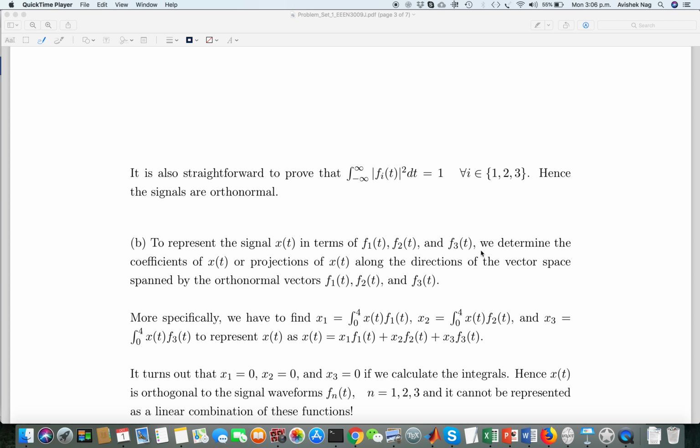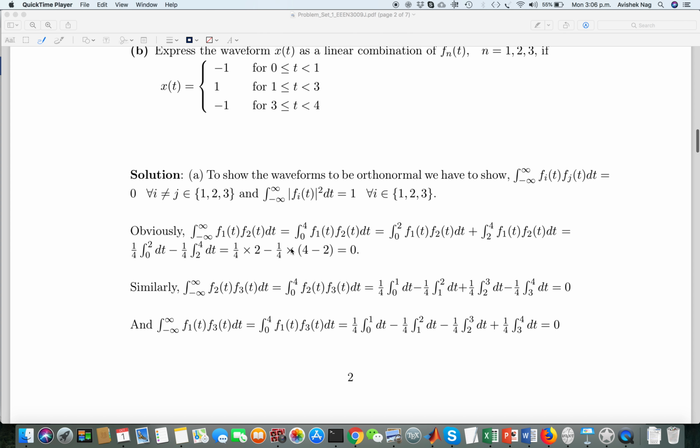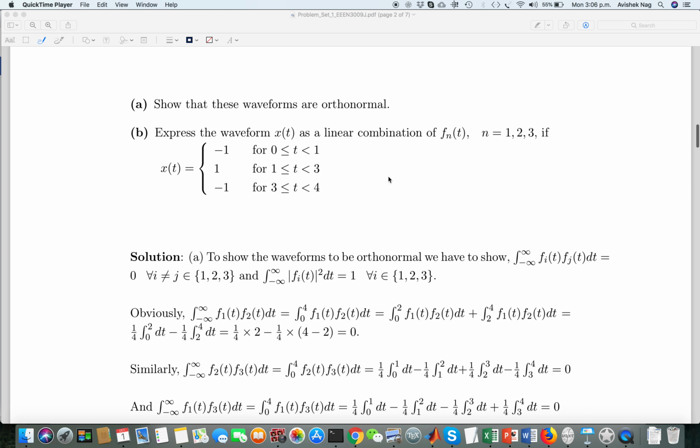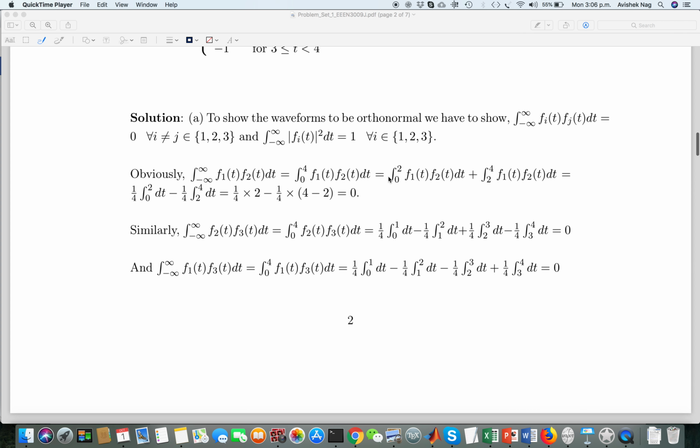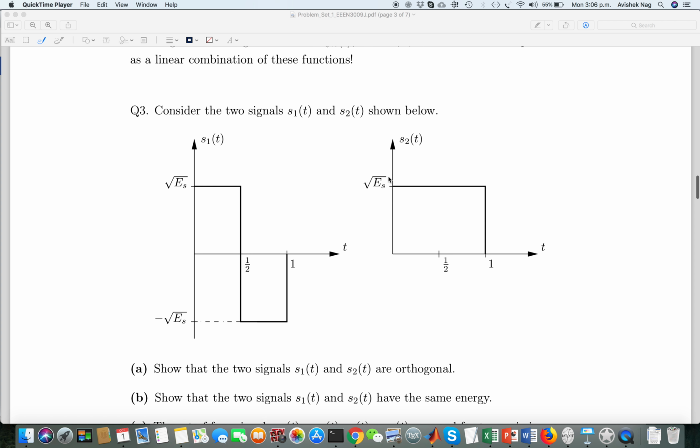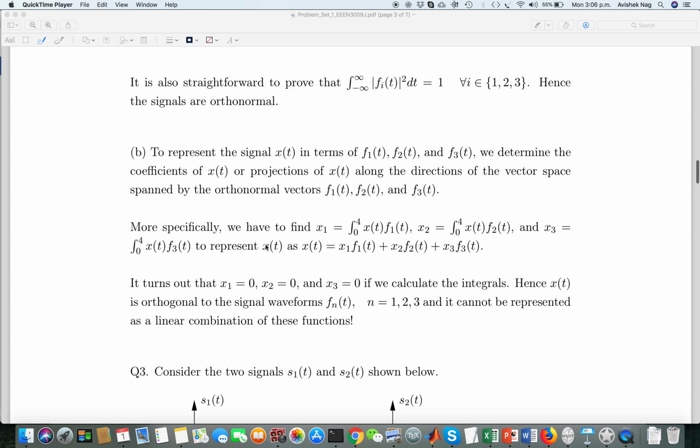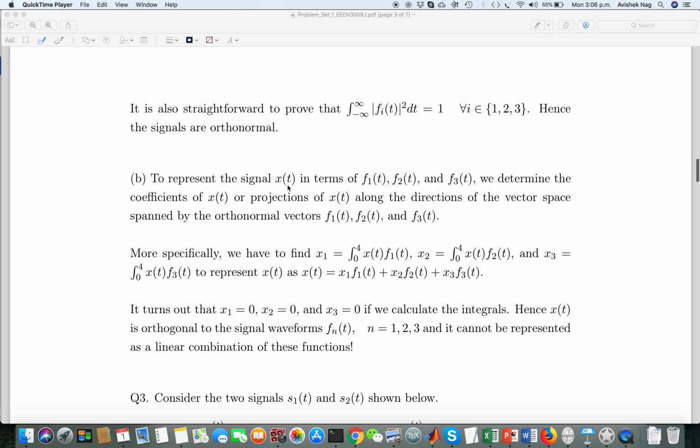So you were asked to represent the signal x(t), which was given here, in terms of linear combinations of the signals f1, f2 and f3. So let's say x(t) can be represented as x1 f1(t), x2 f2(t) and x3 f3(t).